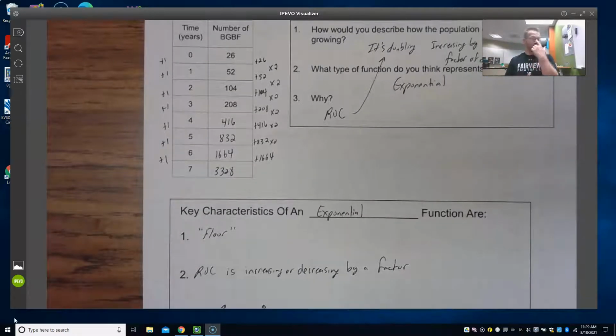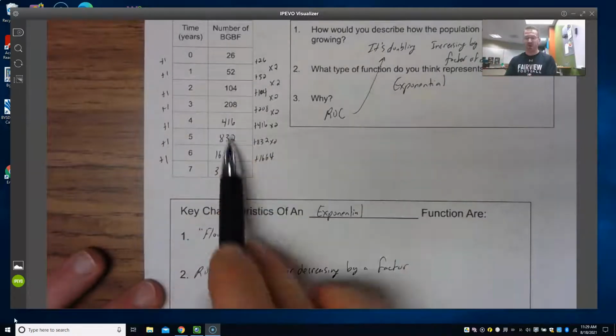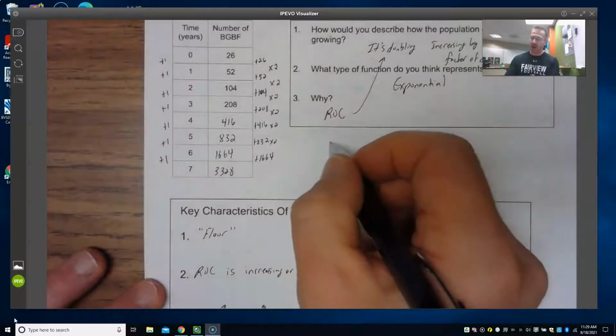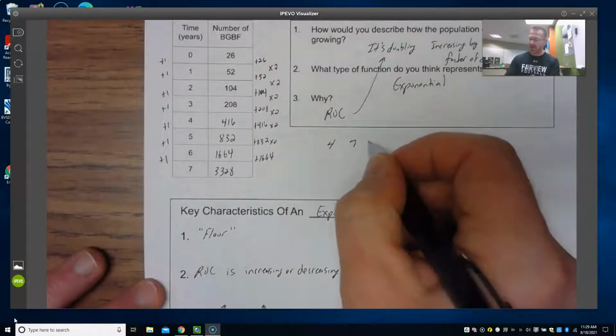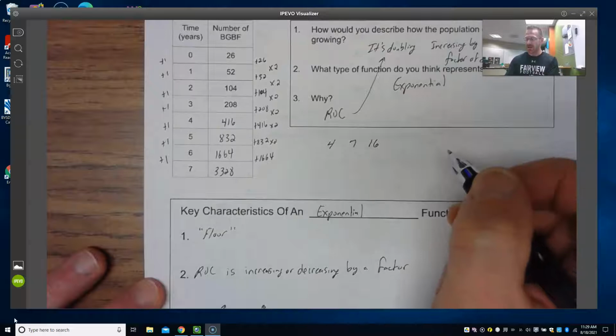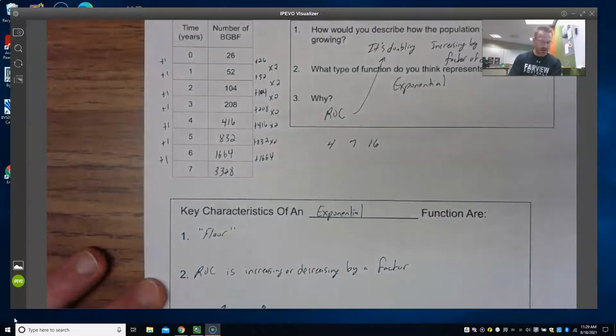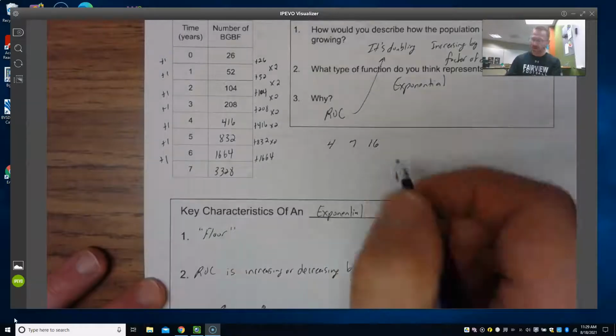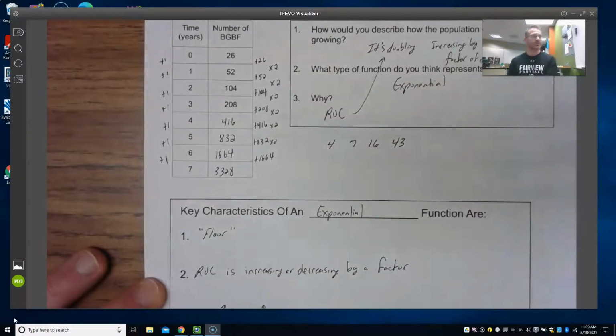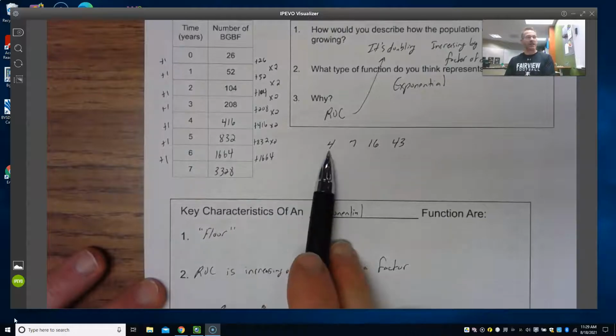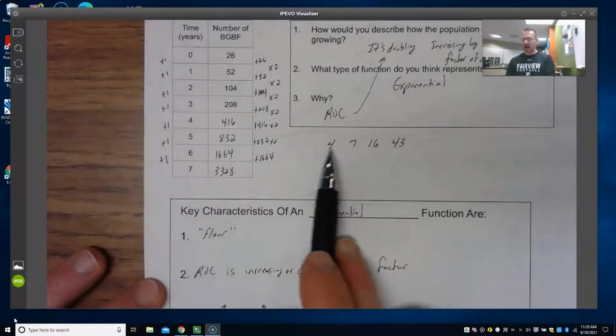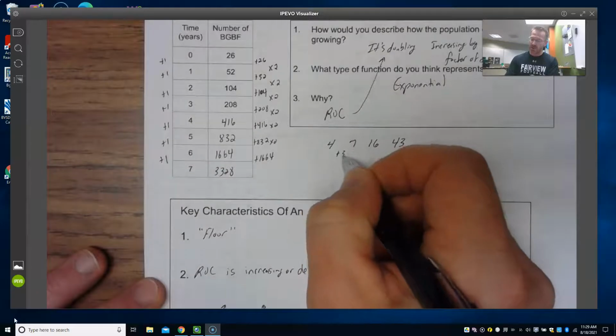So once again, it may not be obvious in the numbers. So for example, maybe I go 4, 7, 16, and let me see if I can do this real quick on my calculator here, 43. So give you an example here. Let's say that those are our rates of change. Definitely not constant. When I look at how I go from 4 to 7, notice I go up 3.